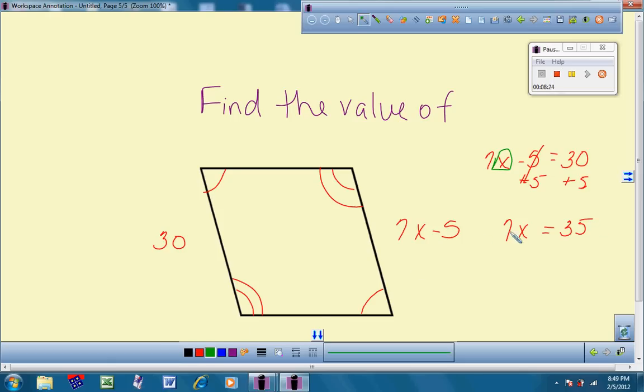We still have not solved for x. So what we need to do now is divide out the 7. The 7's cancel out. And we have x is equal to 35 over 7, which is 5. Remember, they're telling you just to find the value of x and not the side length.